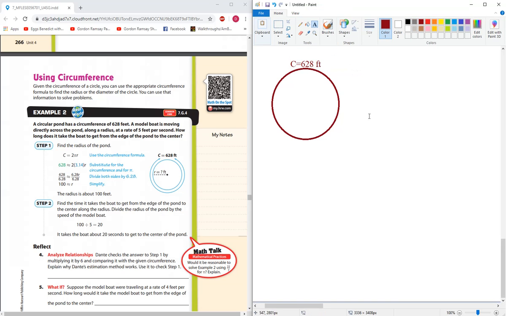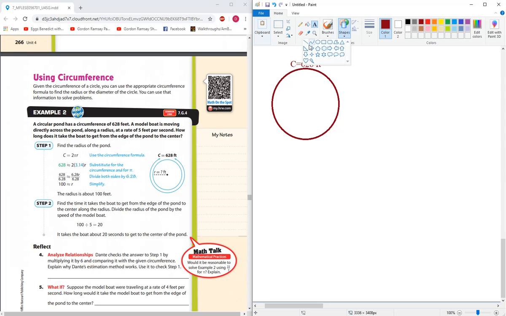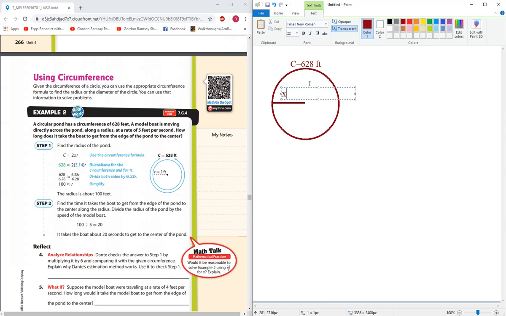Now, we know that a boat is going from the edge of the pond to the center of the pond along the radius. We don't know what this radius is, but we do know that the boat is going at a speed of 5 feet per second.